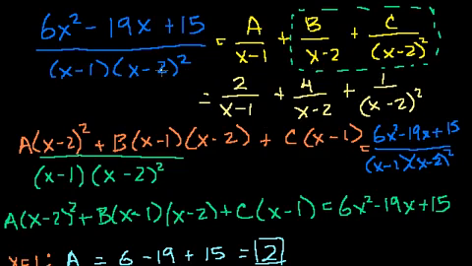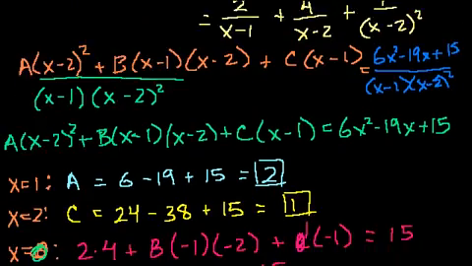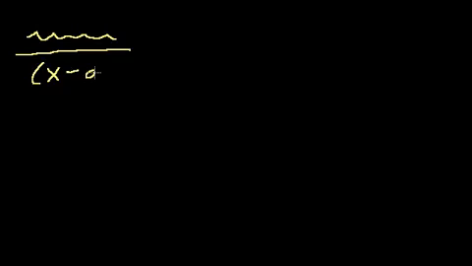And what we did with the repeated factor is true if we went to a higher degree term. So if we had some polynomial up there, and it was all over x minus, I don't know, some number, x minus a to the 10th power.